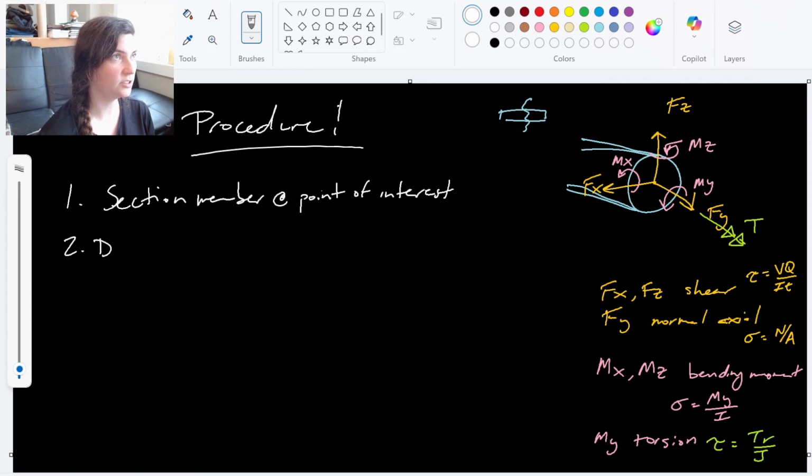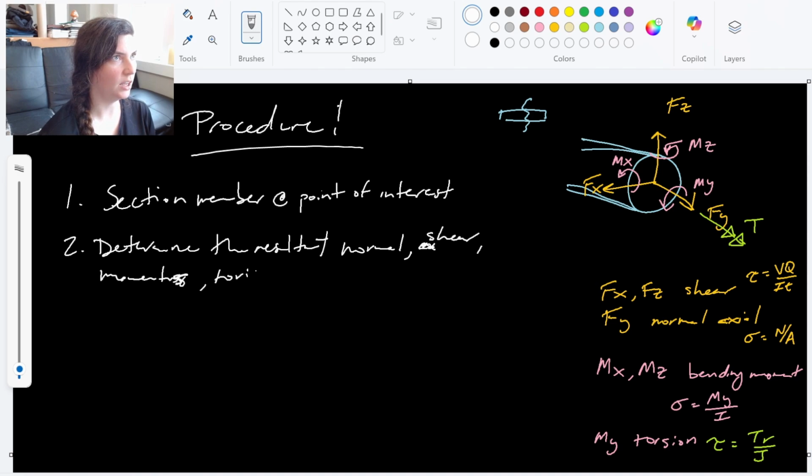So use statics to determine the resultant normal, not normal, axial, shear, moment, bending moments, and torsion.